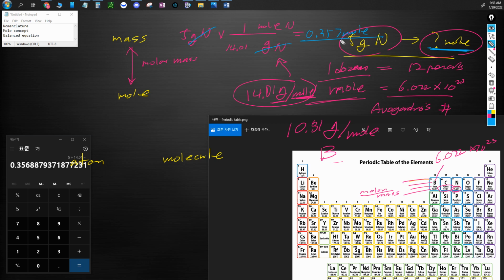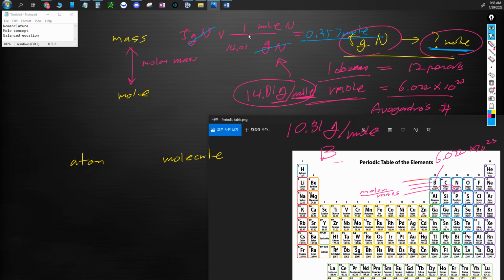Now let's go one more step. We started with grams of atoms, not a molecule, so we're going into atoms now. Remember, we just talked about this. 1 mole is 6.022 times 10 to the 23rd.